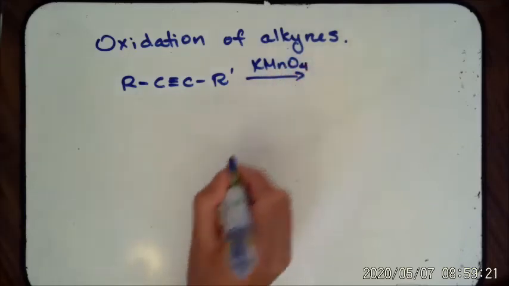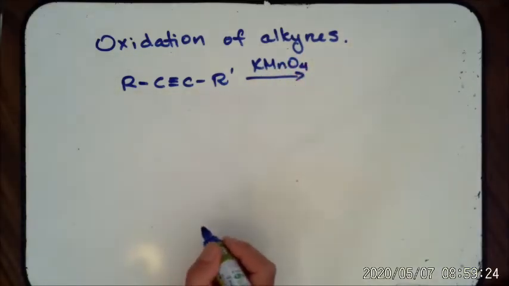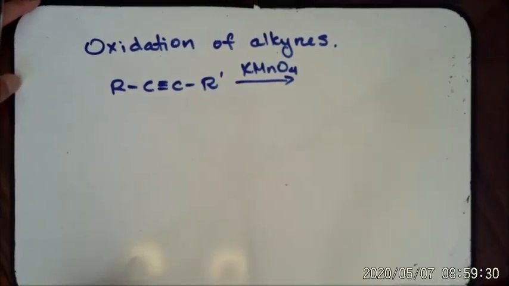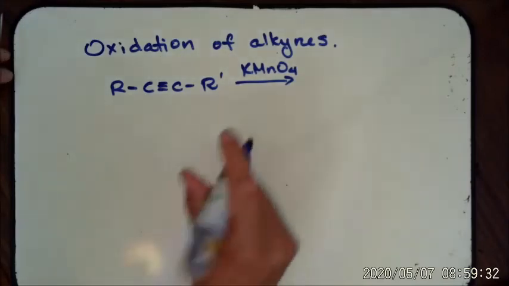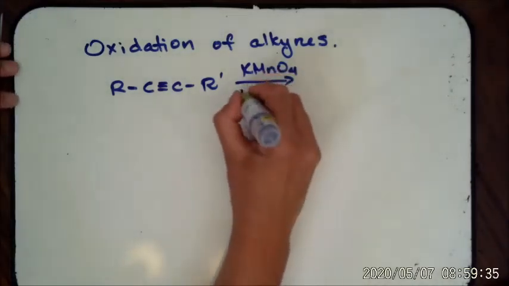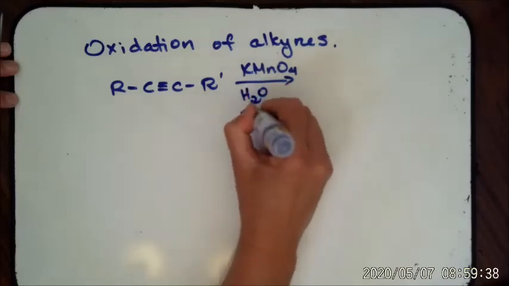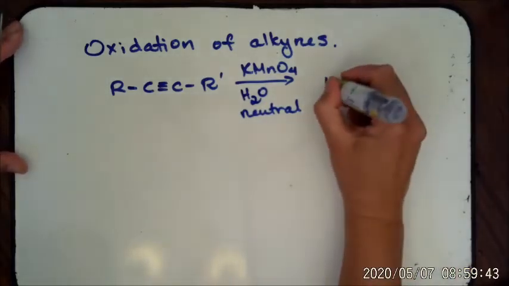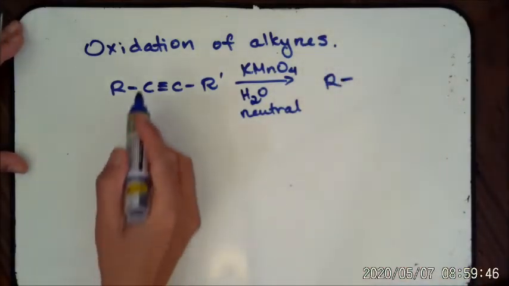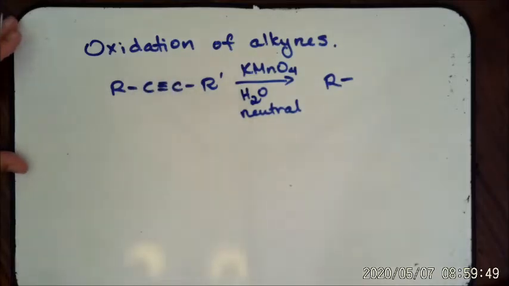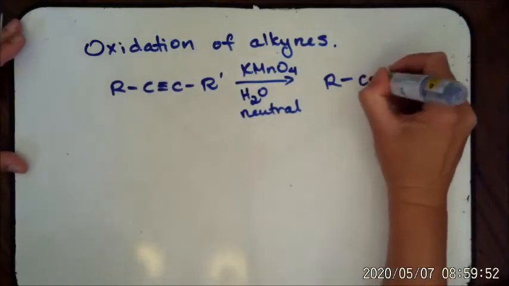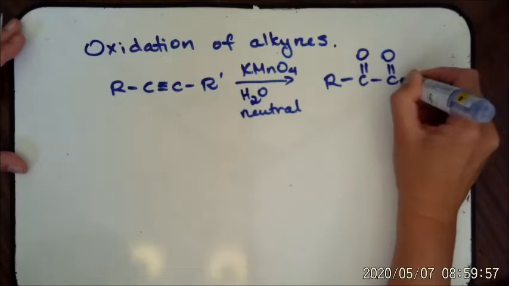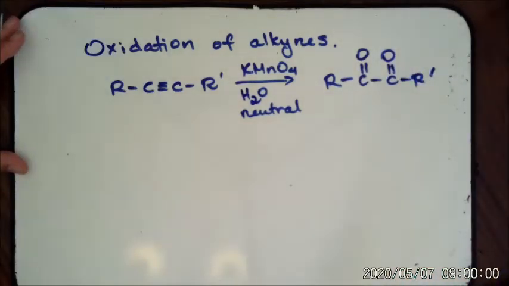Remember, last time we used potassium permanganate under cold basic conditions, and you formed your diols. When you warmed it up and heated it, you got cleavage. So if I use potassium permanganate in water, neutral and cold, then you add OH groups here, and when it rearranges, you lose 2 waters and you form the diketone.